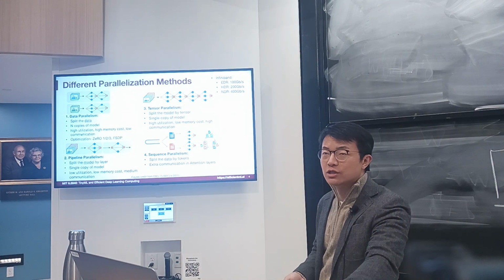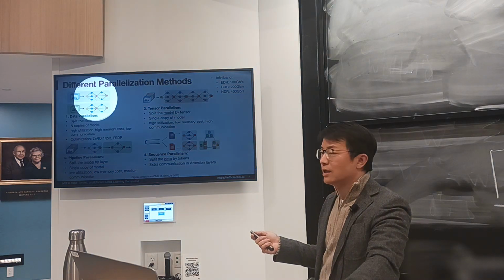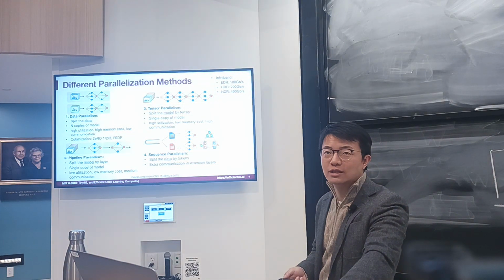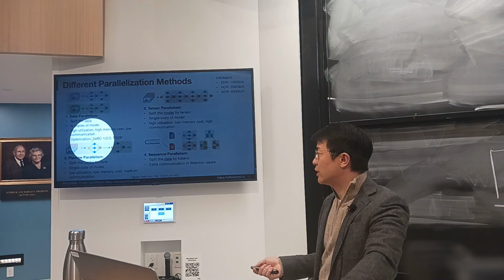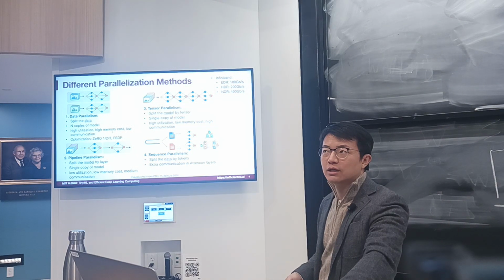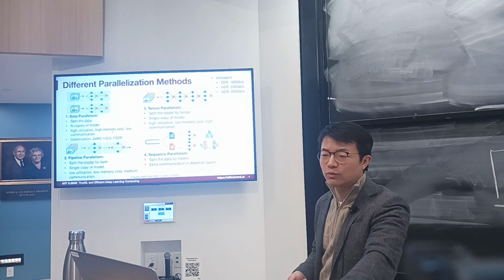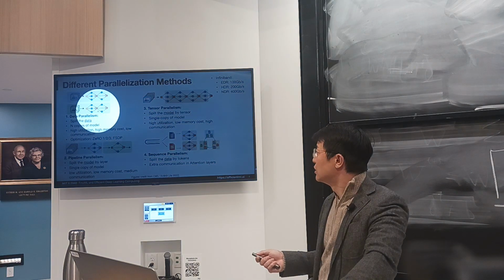There are some optimizations on top of data parallelism. Instead of each GPU having the entire weight, gradient, and optimizer state, we talked about ZeRO 1, 2, 3 and FSDP techniques to shard the optimizer state, the gradient, and also the weight. So you don't have to store the entire copy of the weight within one GPU.